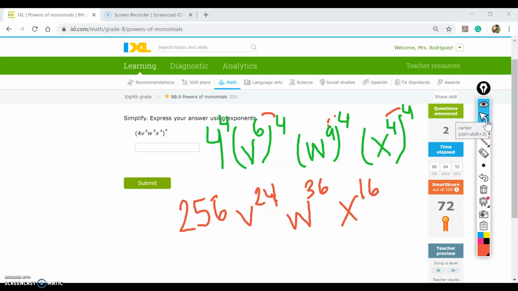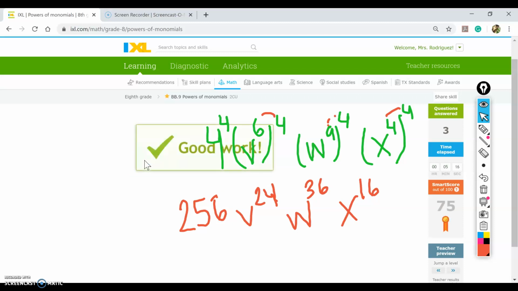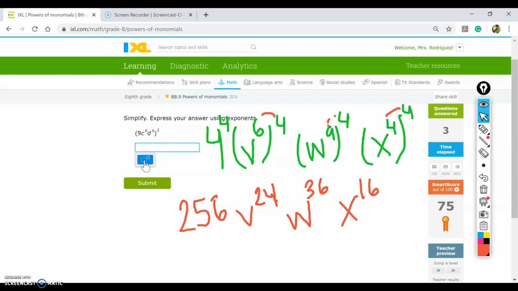Now let's see if that is true. So I'm going to type it right here. I have 256, and then v to the power of 24, then w to the power of 36, then x to the power of 16. Oh, please, let me get it right. Good job. We got it right.